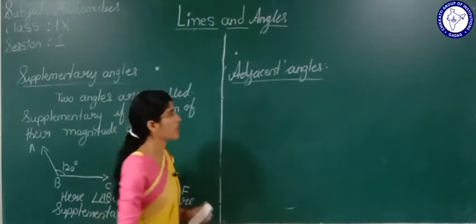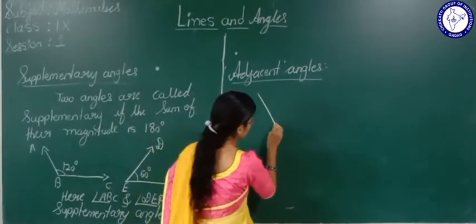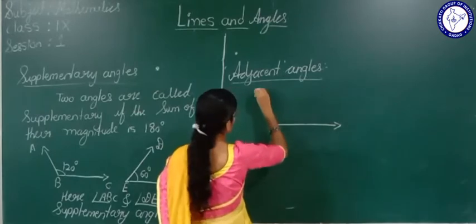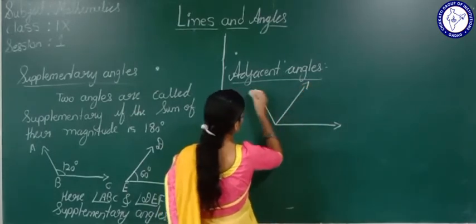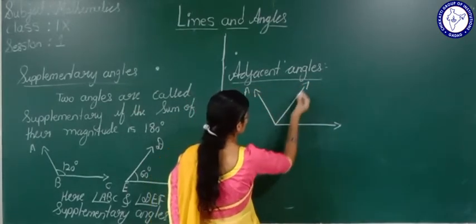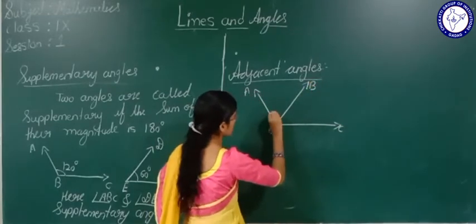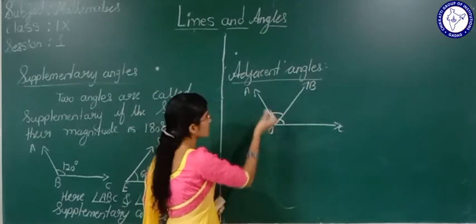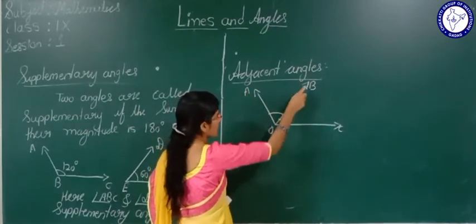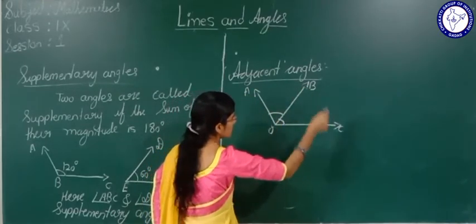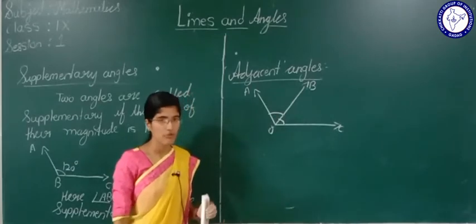Okay, I will explain you here. Now see, here angle AOB and angle BOC are adjacent angles. Why?